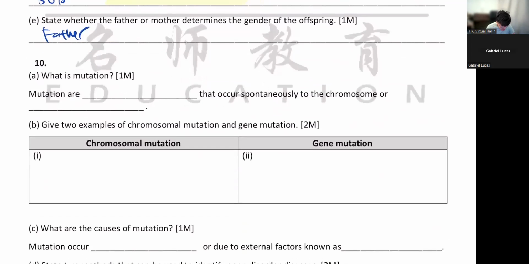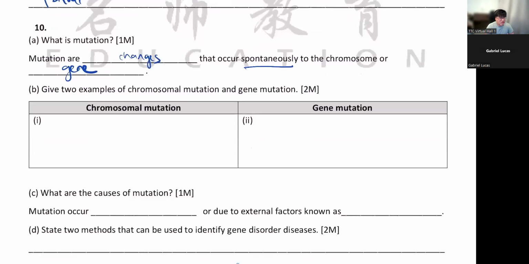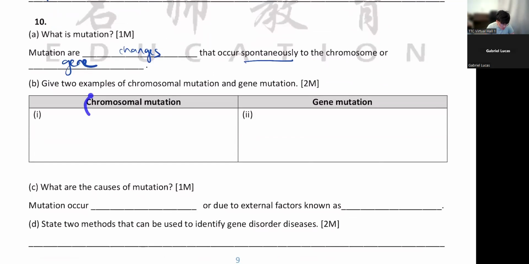What is mutation? Mutations are changes that occur spontaneously to the chromosome or gene. That means your chromosome suddenly changes or your gene suddenly changes. Of course you have two types here. Chromosomal mutation means one chromosome entirely goes missing, or you have one extra chromosome.